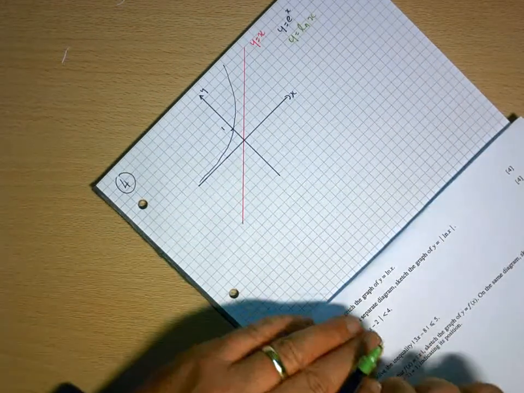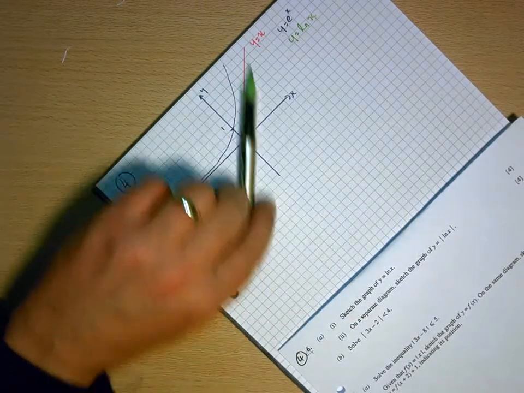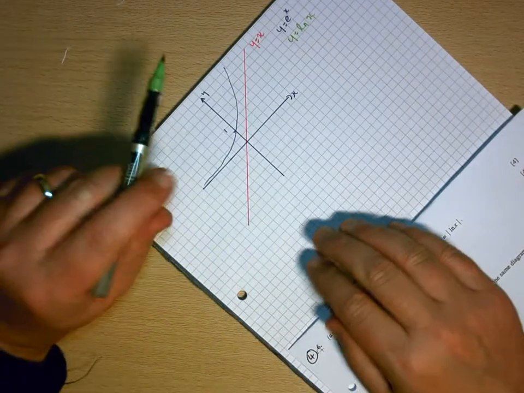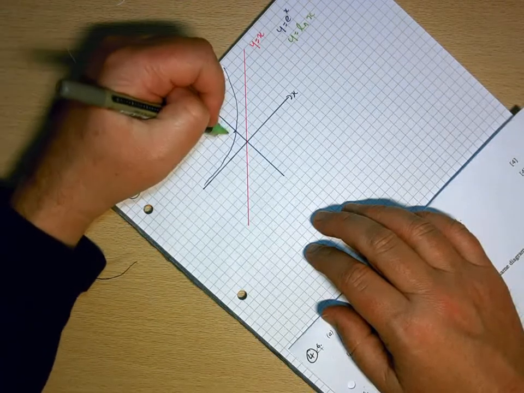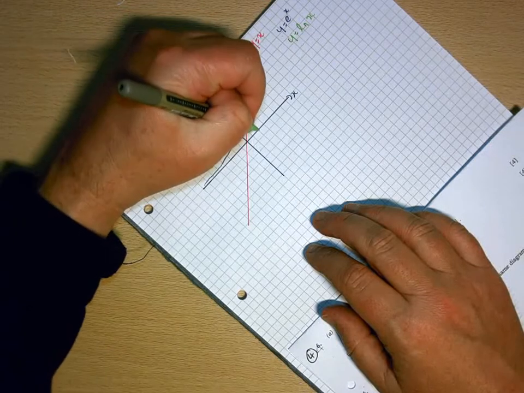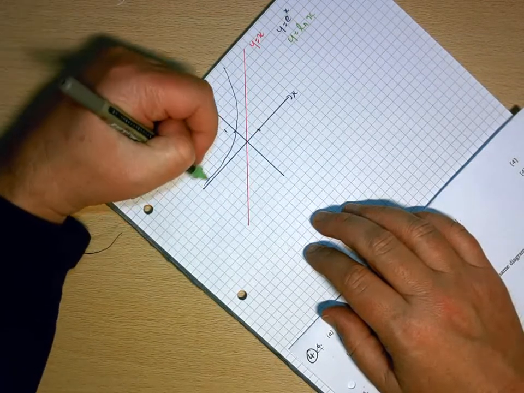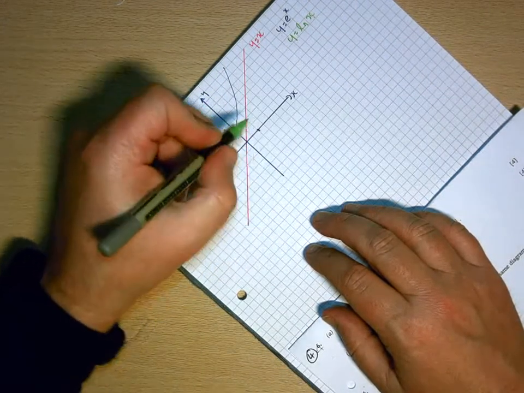Now, when you're reflecting in the line y equals x, it's easier if you turn your page around so that the reflection line is running along your line of sight, because your brain is wired to make it easier that way. So whereas e to the x goes through there, ln x is going to go through there. And whereas this comes from that direction, on ln x, it travels from that direction.